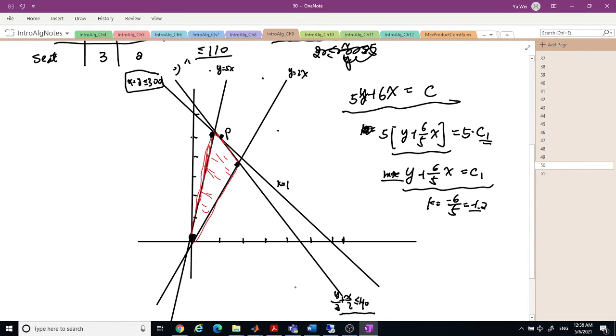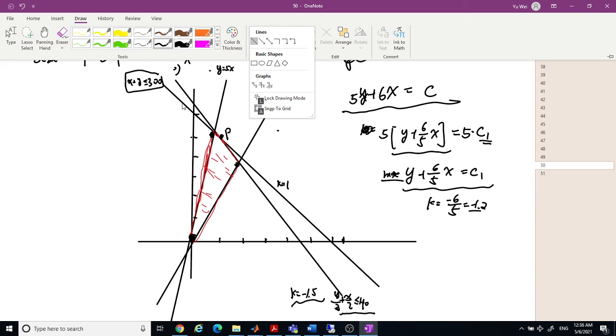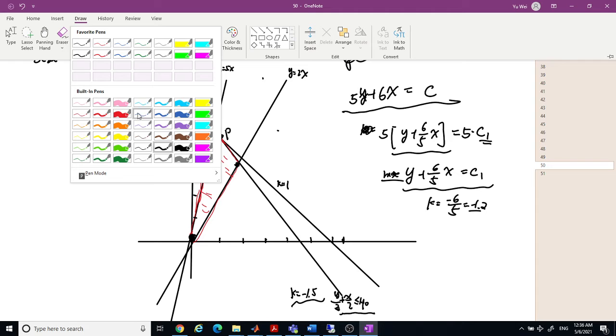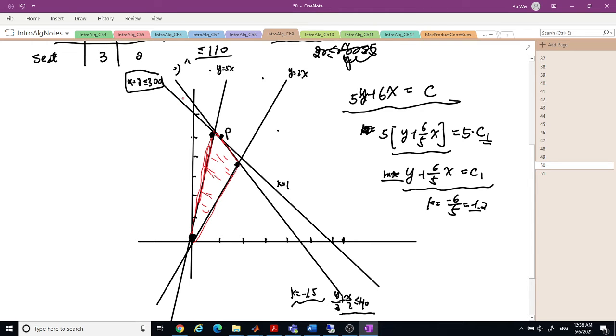This one is k equals negative 1, and this one is k equals negative 1.5, right? So 1.2 is basically in the middle, something like this.